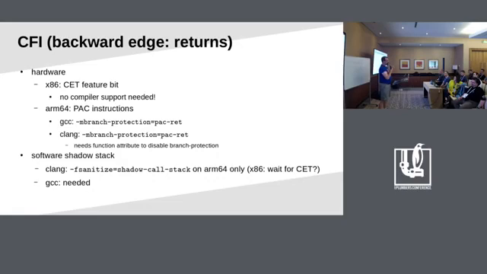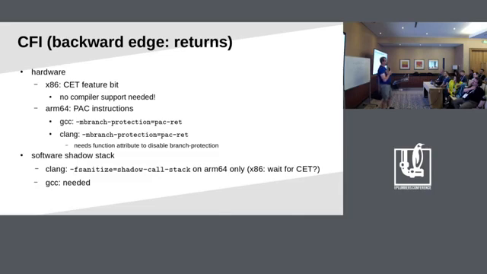It happens implicitly on call and return, so there's actually no compiler support. You just need kernel support and OS support for it to set up the second stack, like you end up with two stacks.